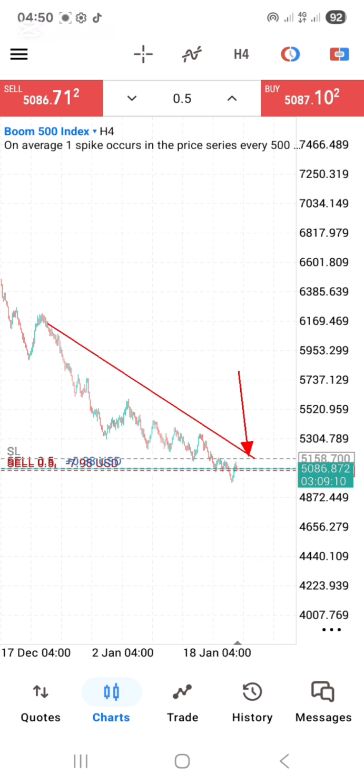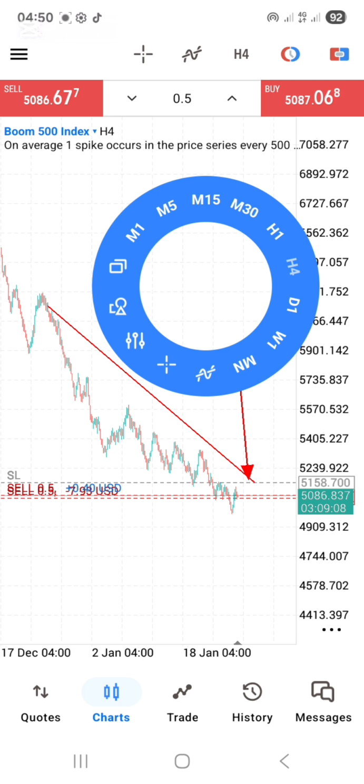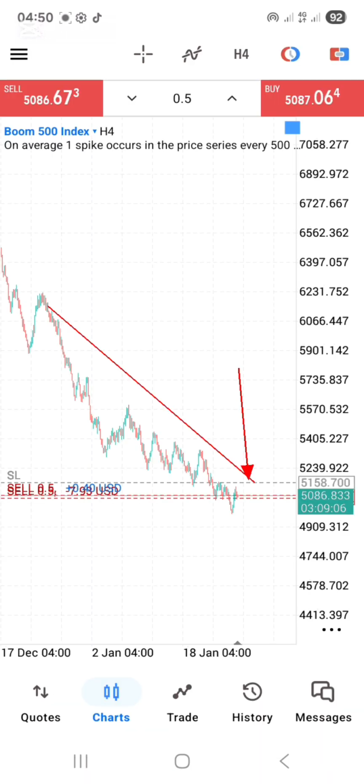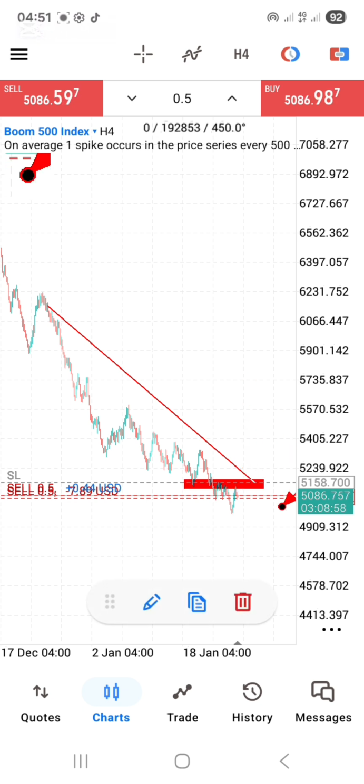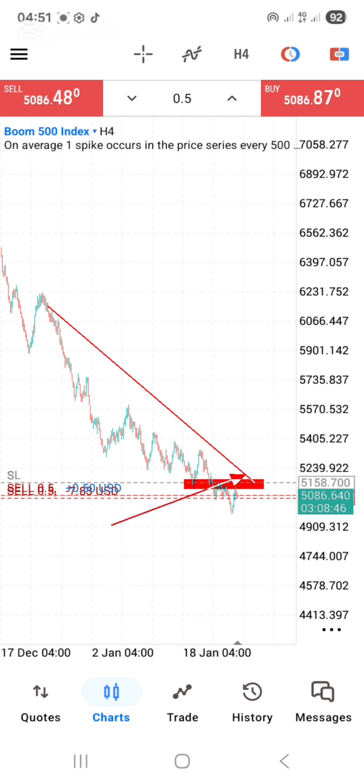If you look at the structure, before this market will buy, it has to break that level. The market has to break the level that I just marked out. If it is able to break that level successfully, then I can confirm that the market is ready to move.